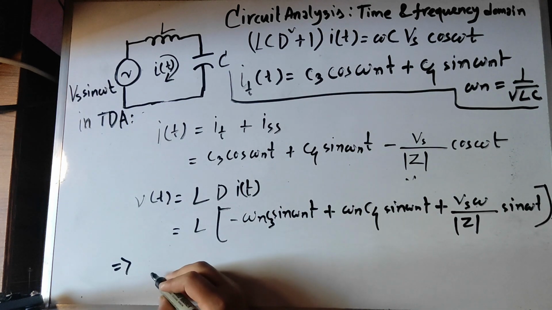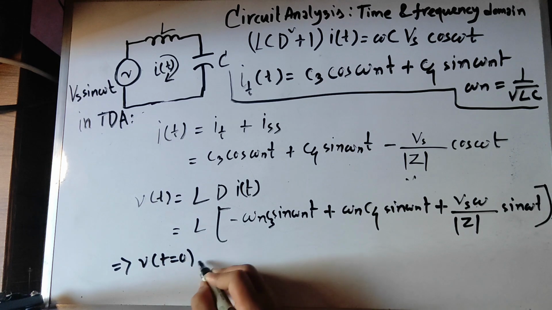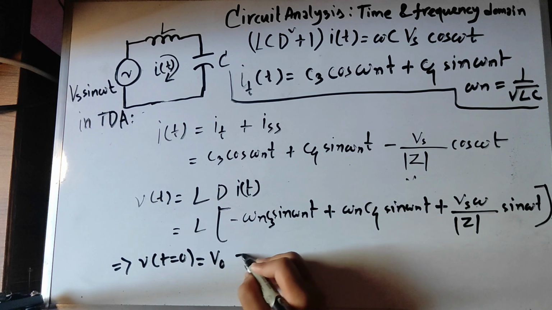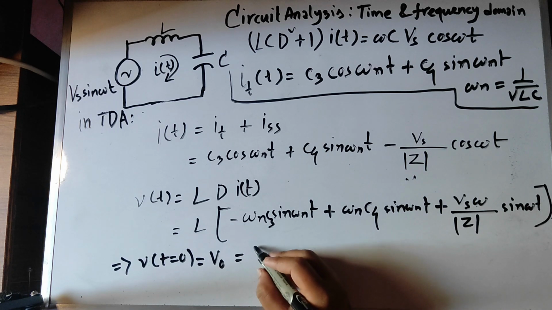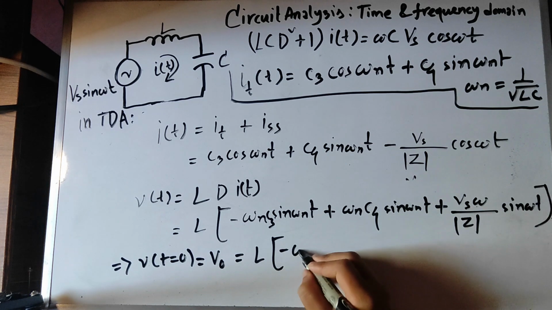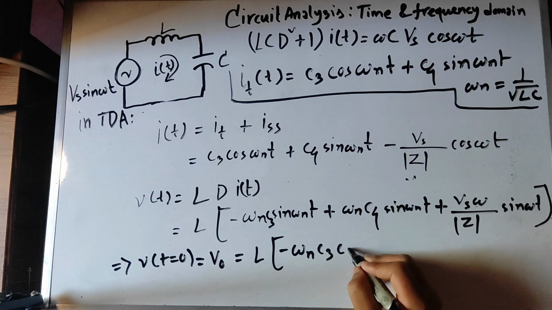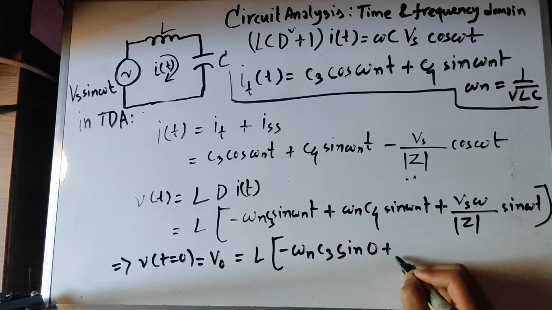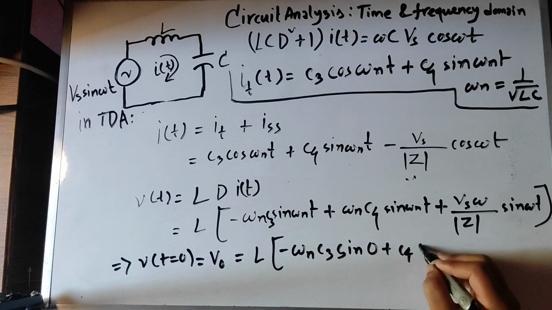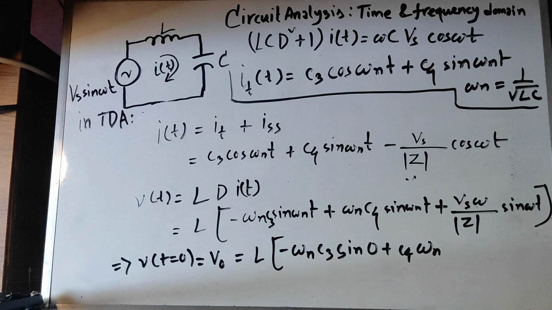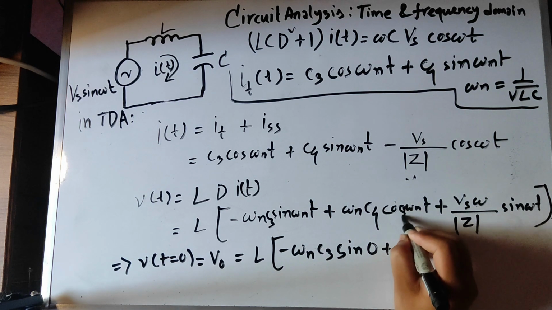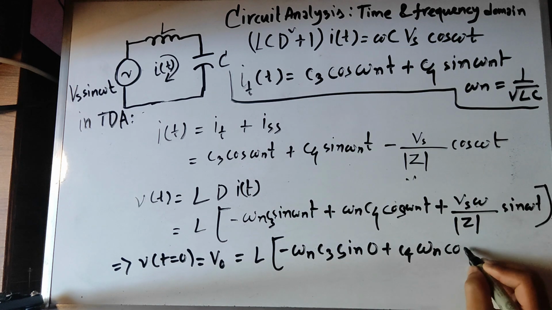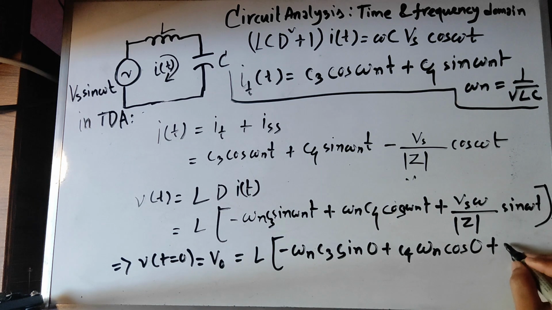So we know that at t equals 0 there is initial voltage V0, and this is L times minus omega n C3 sine 0 plus C4 omega n cos 0 plus Vs omega by Z sine 0.